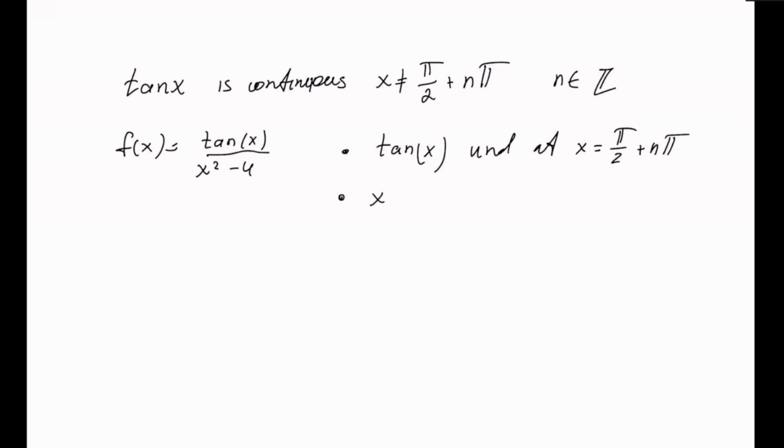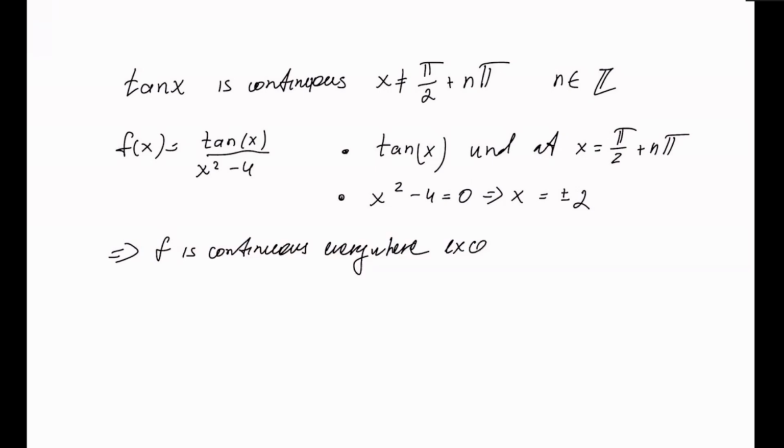And x squared minus 4 equals 0 when x equals plus or minus 2. So f is continuous everywhere except at x equals plus or minus 2 and pi over 2 plus pi n, where n is an integer.